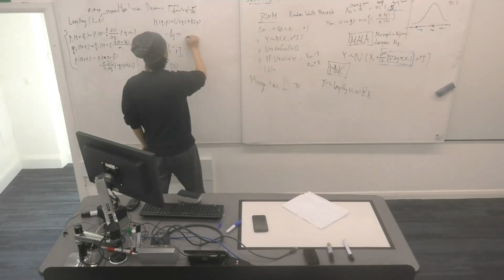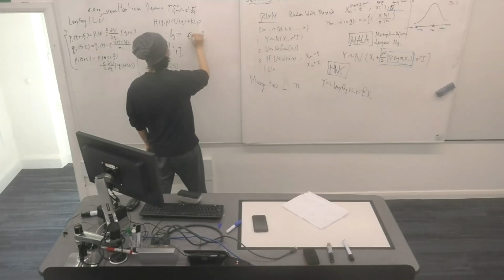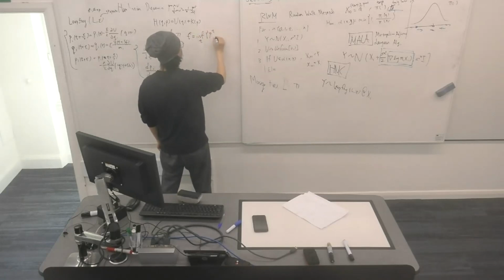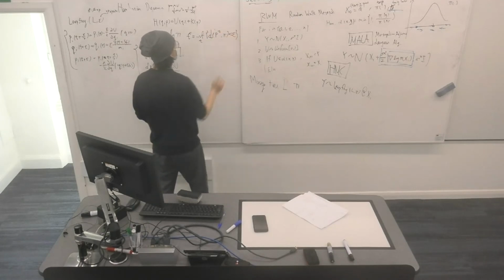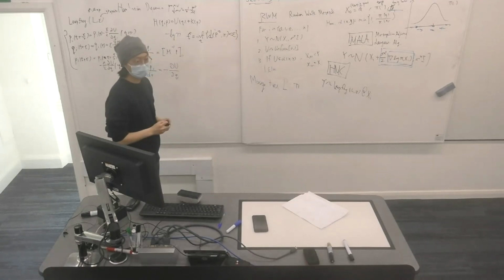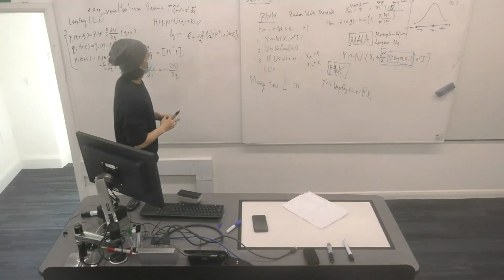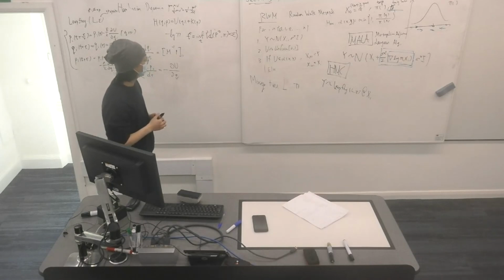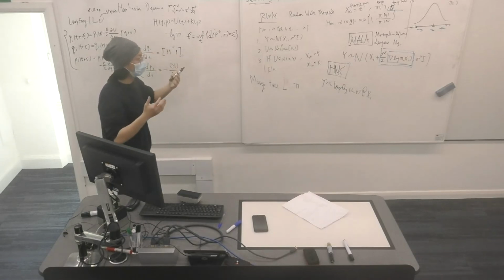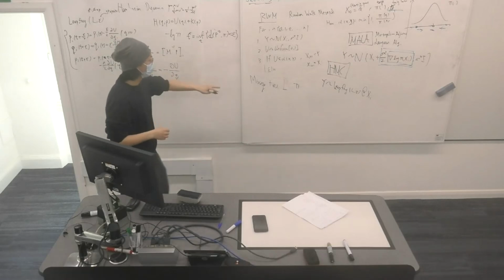The mixing time T star is the smallest T such that D of P^T and pi is smaller than some epsilon. So if you can find this T star, or you can prove bounds of this T star, we get a rough idea of how well this particular Markov chain mixes. That's why it's called mixing time.